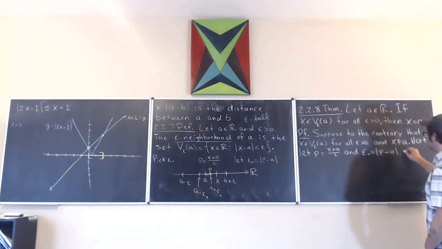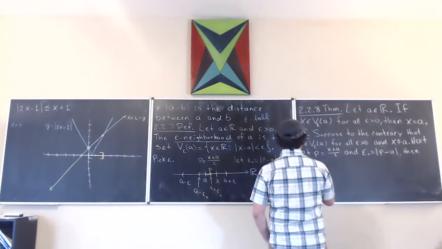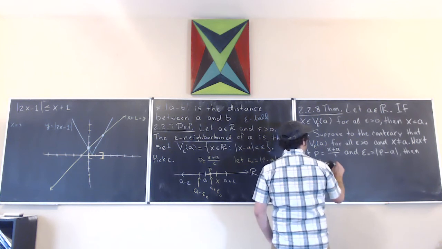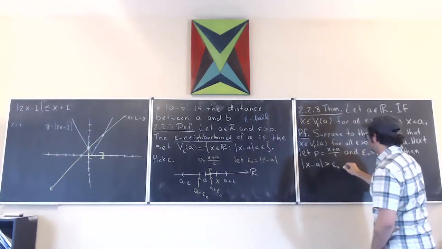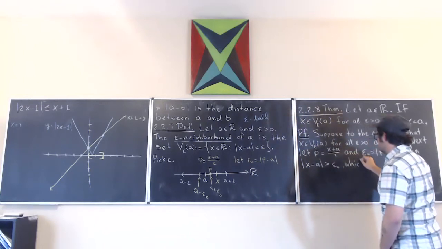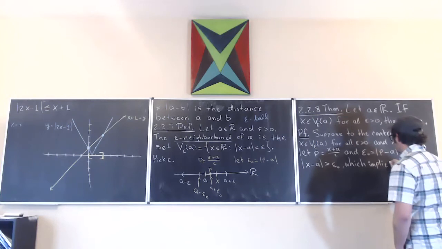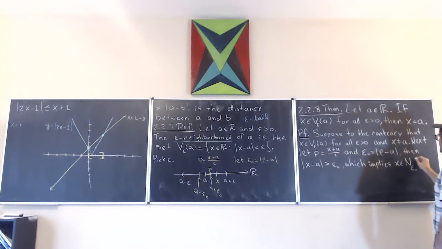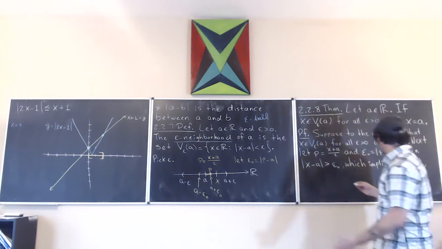So then, we can say that the distance from X to A is greater than epsilon naught, which implies X is not contained in that epsilon naught neighborhood around A, a contradiction, since it should be for every epsilon.